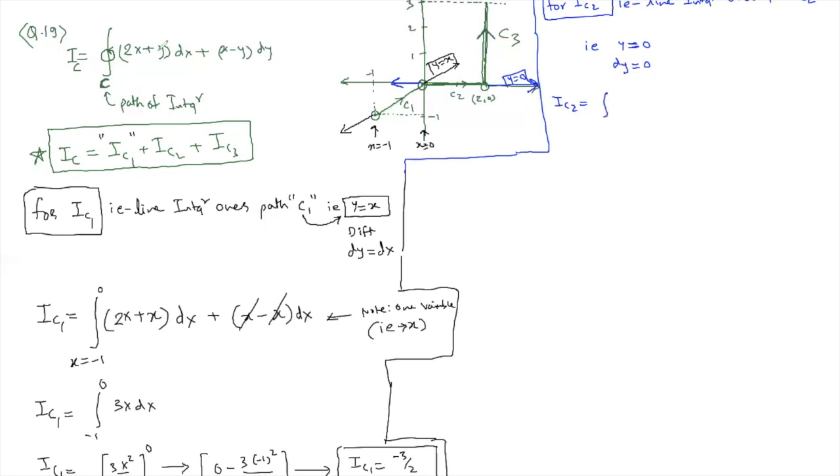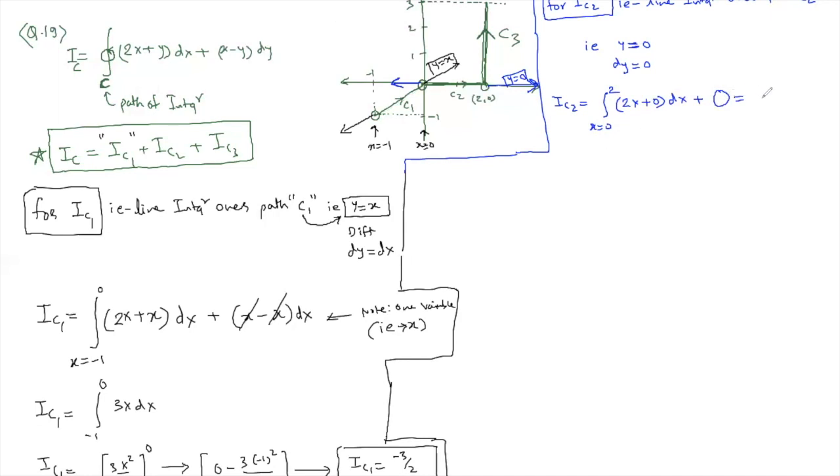So now, what is IC2 going to be? Wherever you see y, you put 0. X will go from 0 to 2, but you can always write limits later. Now put y as 0. So you get 2x plus 0 dx plus 0, because dy itself is 0.